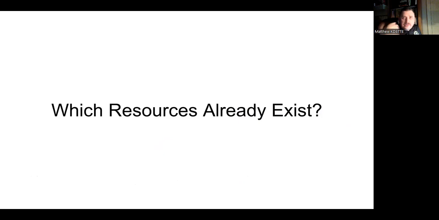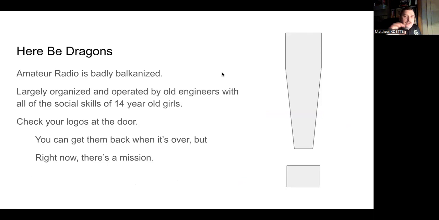Before we go into this, what resources exist? How can we actually make this sort of thing work? Well, I'll caution everybody here. More than most, I think the Rat Pack probably has a good understanding of the kinds of problems that we're going to run into really quickly: the balkanization that happens inside of amateur radio.